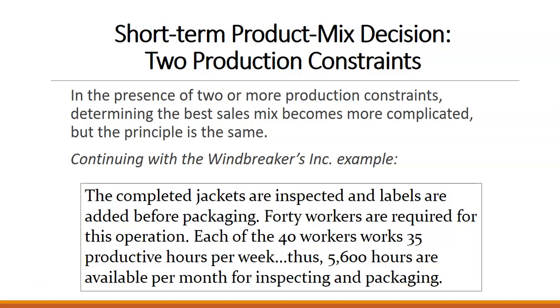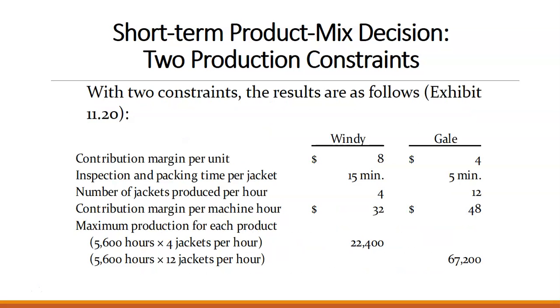Therefore, we have 5,600 hours available per month for inspection and packaging. Now we have two constraints. We have a contribution margin per unit. We have the inspection and packaging time per unit, the number of jackets that can get through the inspection process per unit, the contribution margin per machine hour, and the maximum production for each product.